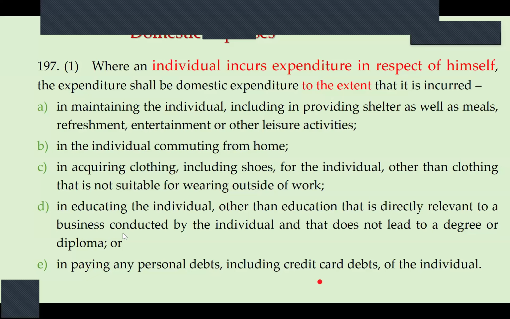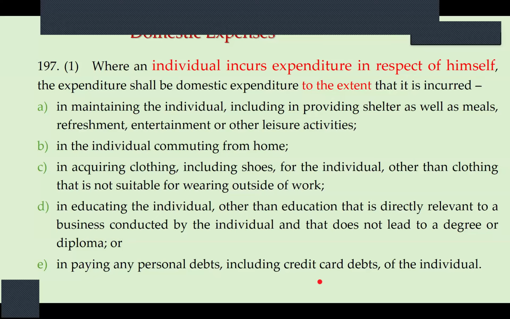Then the next one: educating the individual, other than education that is directly relevant to a business conducted by the individual and that does not lead to a degree or diploma. That means educational expenses incurred in respect of that person, for myself, for yourself, are not allowable as a deduction.